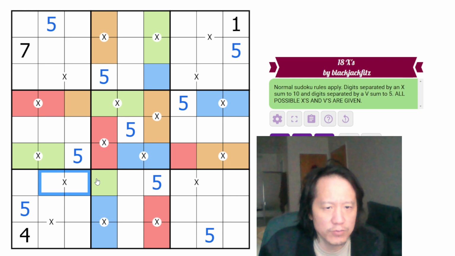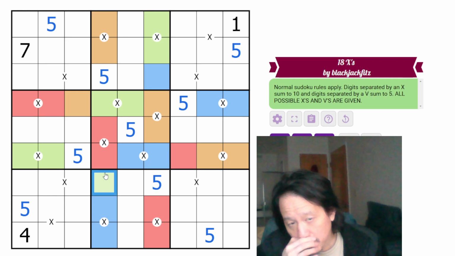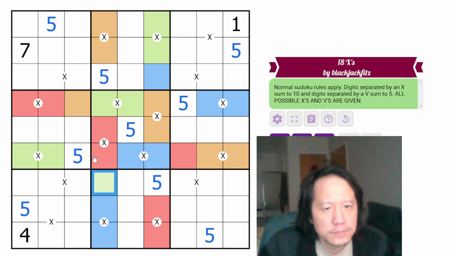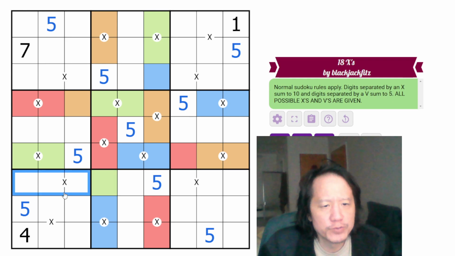It cannot be green, and this cannot be green. Okay.